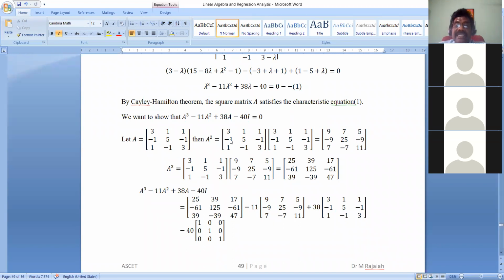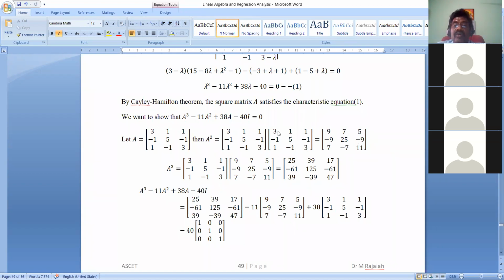Next, by second row, with all the columns of the second matrix: minus 1 into 3, minus 3, minus 5, minus 1, minus 9. Next, minus 1 plus 25 plus 1, 25. Next, minus 1, minus 5, minus 3, minus 9.